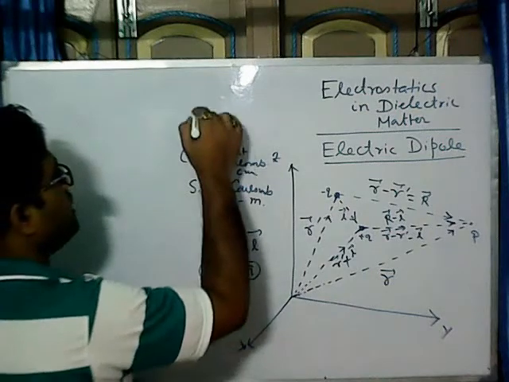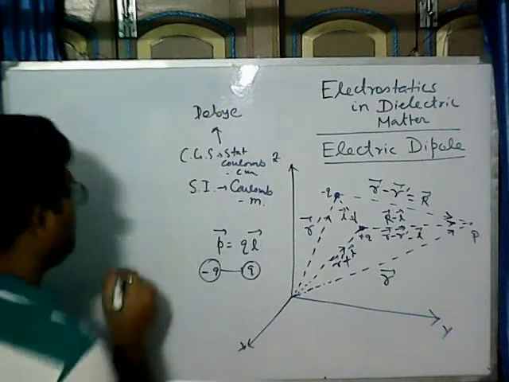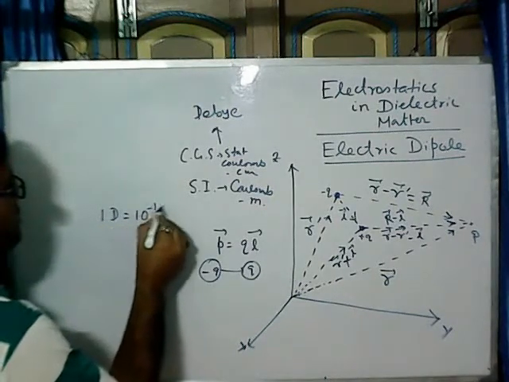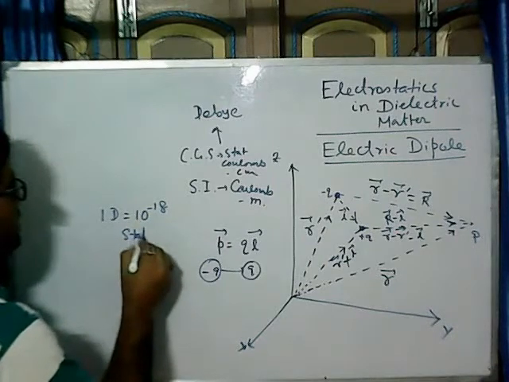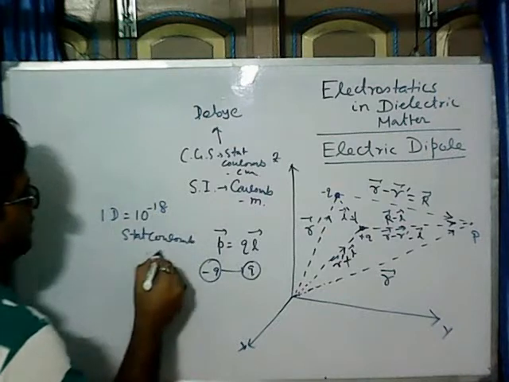Sometimes we call it debye. One debye we can write as 10 to the power minus 18 stat coulomb centimeter.